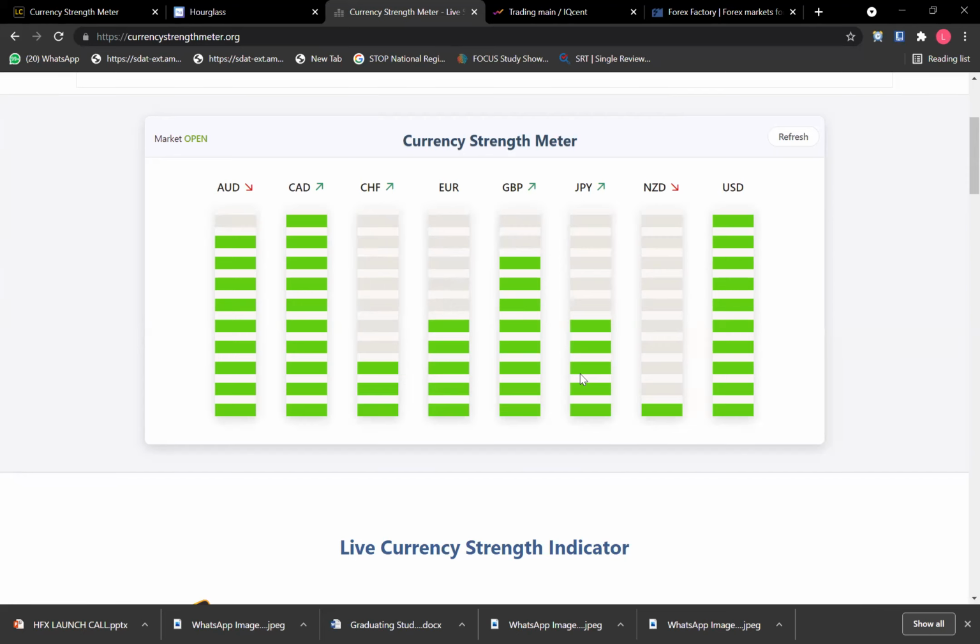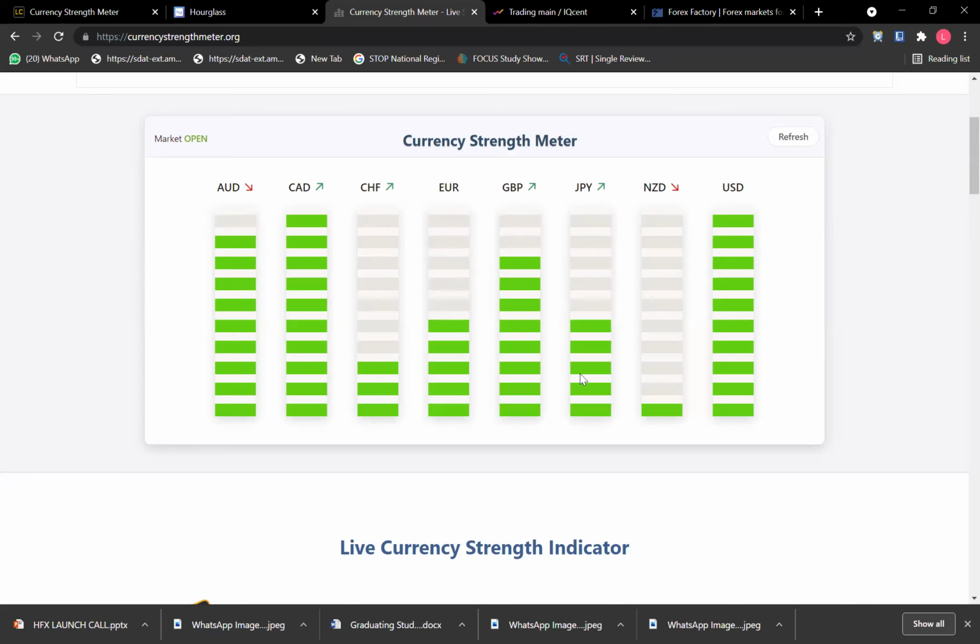So basically, you're taking one currency against another currency and checking the strength between the two currencies. Obviously, the currency with the higher bar is going to win the fight. So if we're taking EUR/USD, for instance, Euro is the buyer's market, USD is the seller's market. Who do you think is going to win this fight?